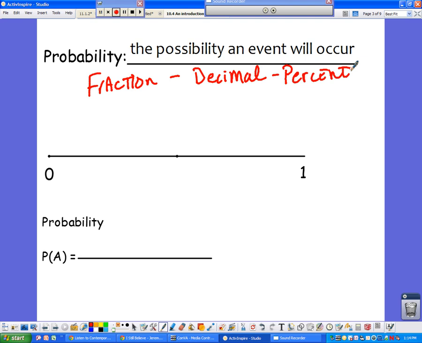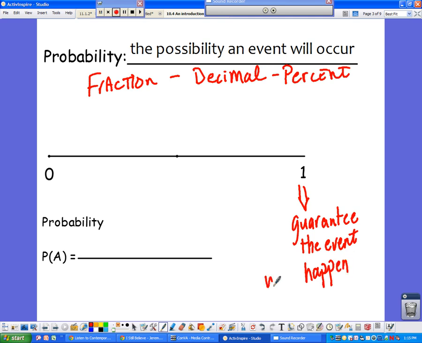If you have a probability of exactly 1, that is a guarantee it will happen. So whatever your event is, it's the probability the event will happen. If you have a probability of 0, that means it will not happen.